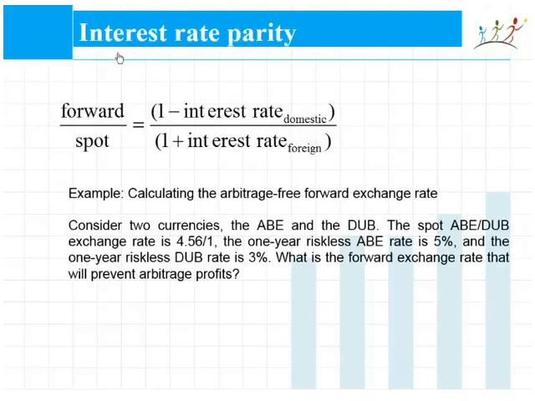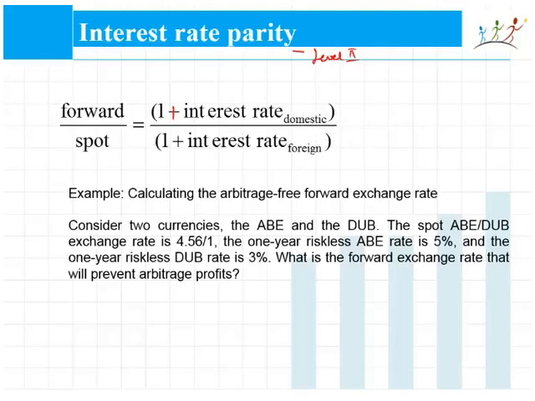The concept of interest rate parity will be proven at level 2 when we study valuations of derivatives in more detail. For level 1, please just remember the formula. I don't expect the derivation to be tested or advanced questions to come from this concept.